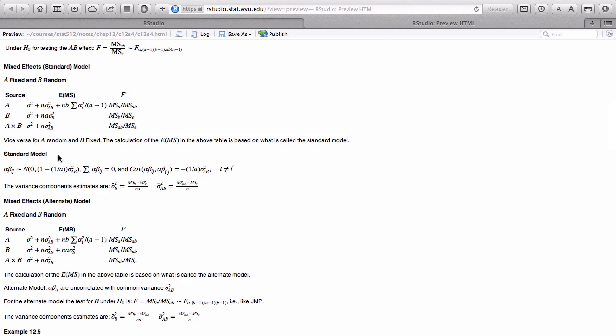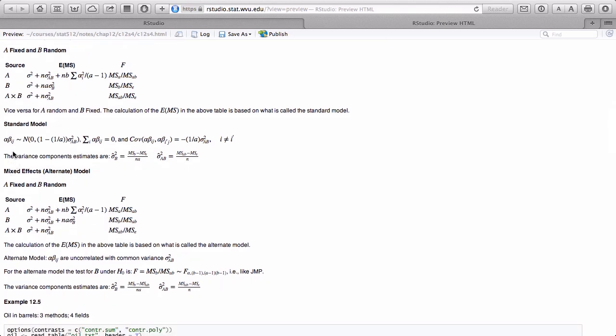Now, what is the standard model? How do we assume the alpha beta is distributed? In the standard model, what we do is what's called a finite correction based on finite sampling.